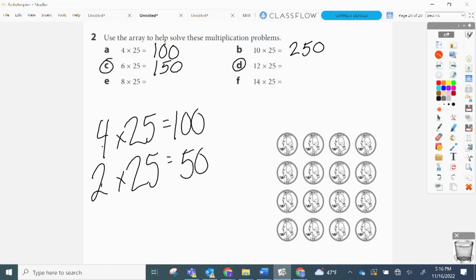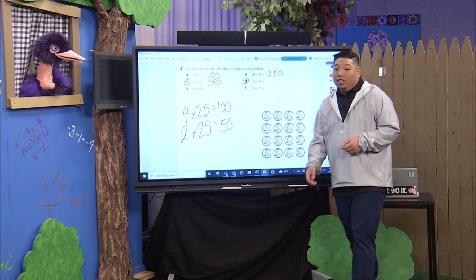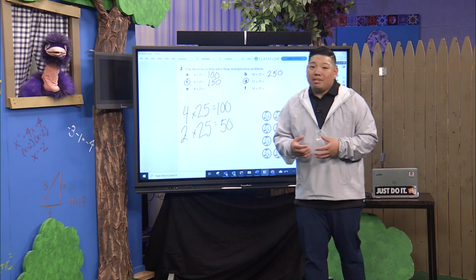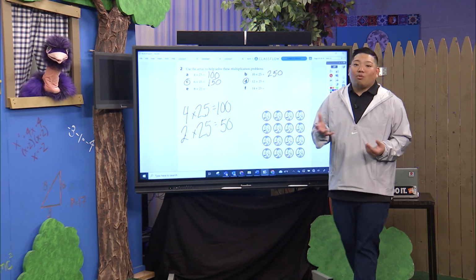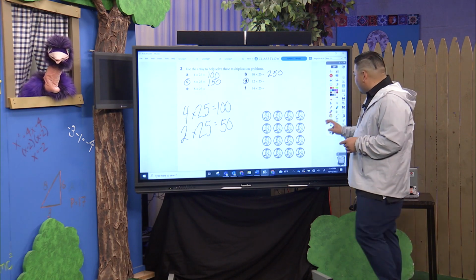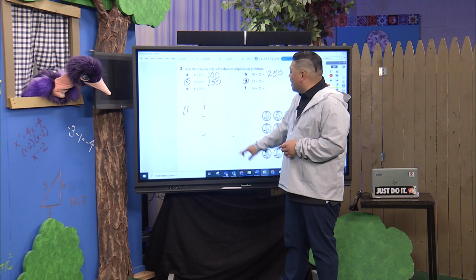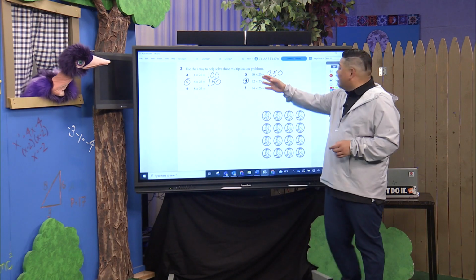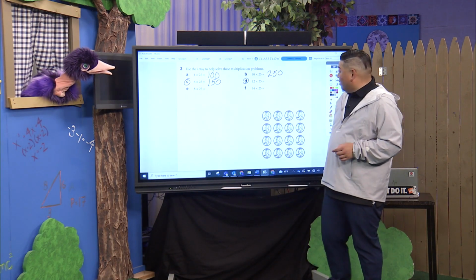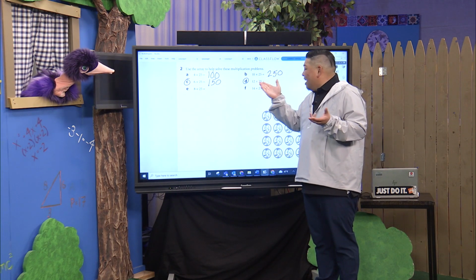150. Awesome. But guess what? We're going to use a similar strategy here to solve 12 times 25. Our 5th graders at home right now, some of you might be saying there's no way I can solve 12 times 25. But I think you can. I believe in you. We already know how much 10 times 25 is. We said 10 times 25 is 250. Ollie, can you tell us the difference between 10 and 12?